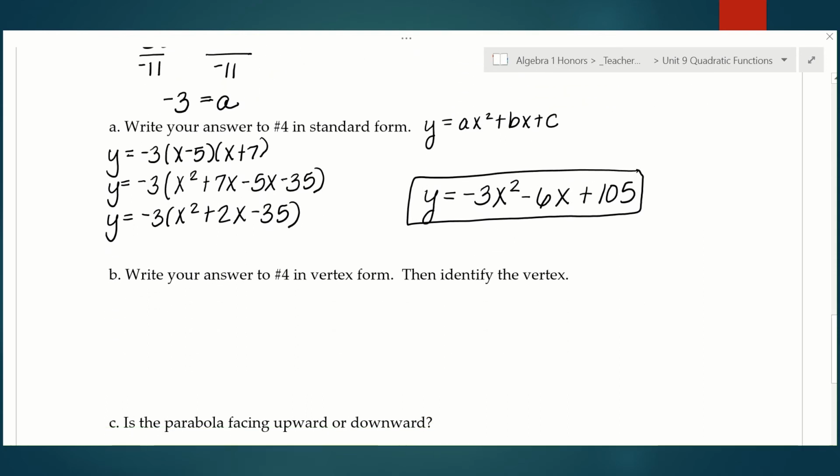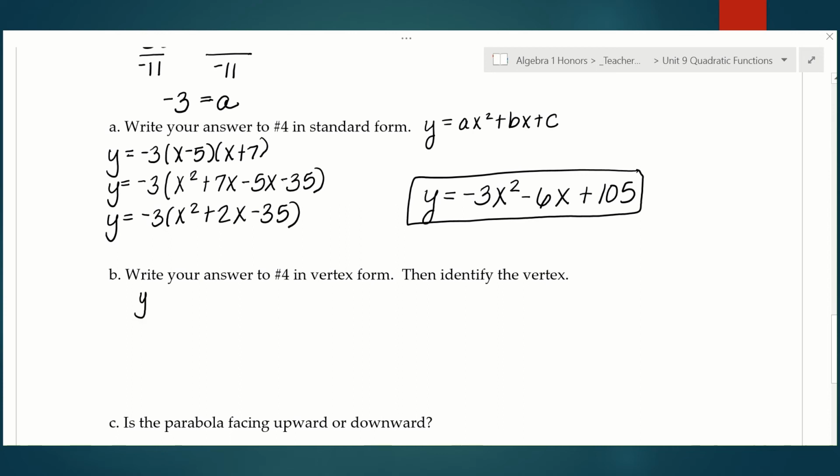Part B says to write your answer to number 4 in vertex form and then identify the vertex. Okay, so to write an equation in vertex form, remember we're looking at using completing the square to do that. So I'm actually going to go back to my standard form to do this.